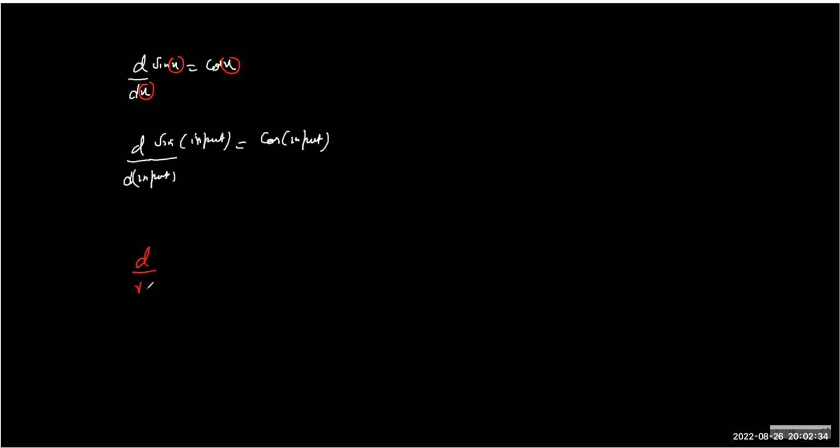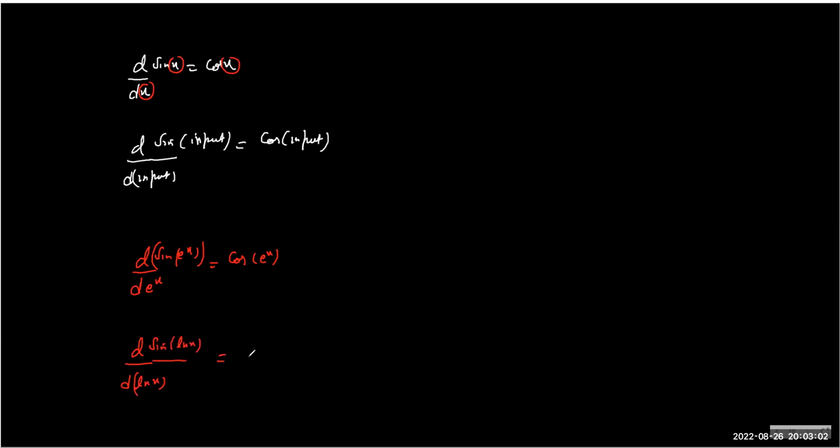Let's see if I want to write d by e power x of sine of e power x. What will be the answer, guys? Tell me. Cos e raised to x. Excellent. It's very easy. One should not be disturbed by this way of writing. So if I write d by d of ln x of sine of ln x, it should not disturb you.